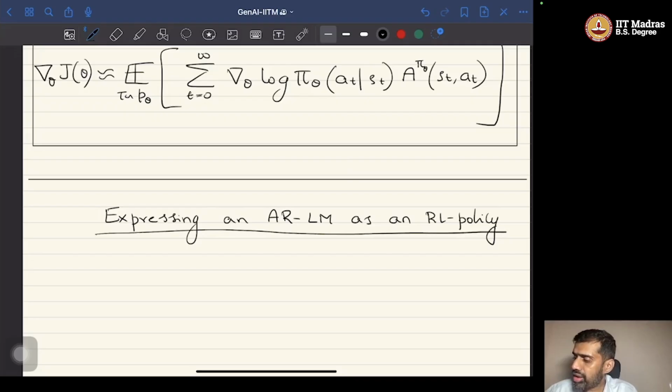For all the theory that we have seen so far to be applicable, we need to first express an autoregressive language model in terms of an RL policy. Let us see how one would do that.